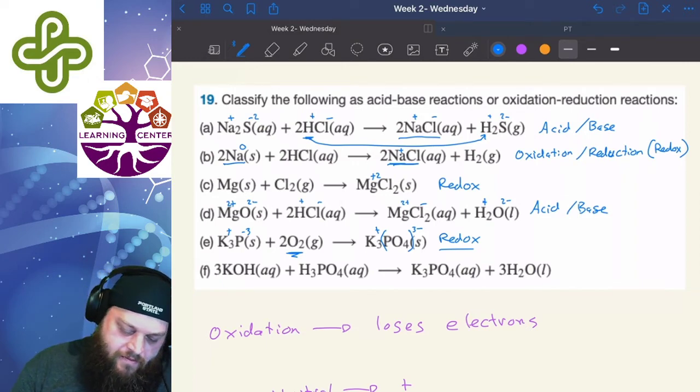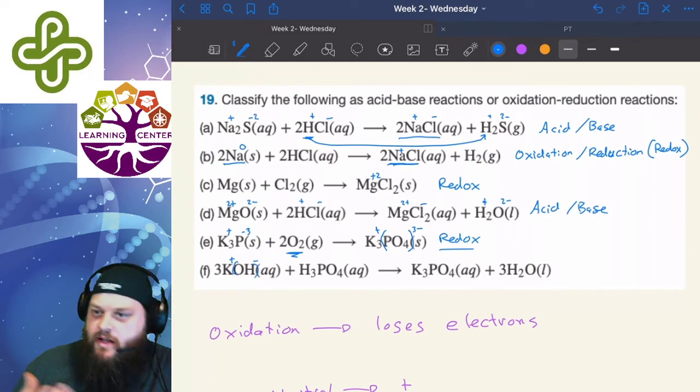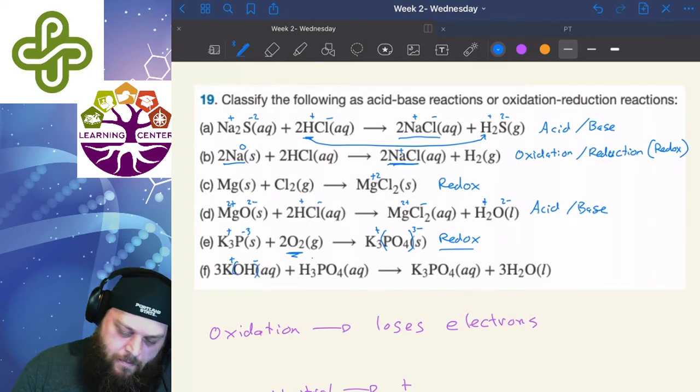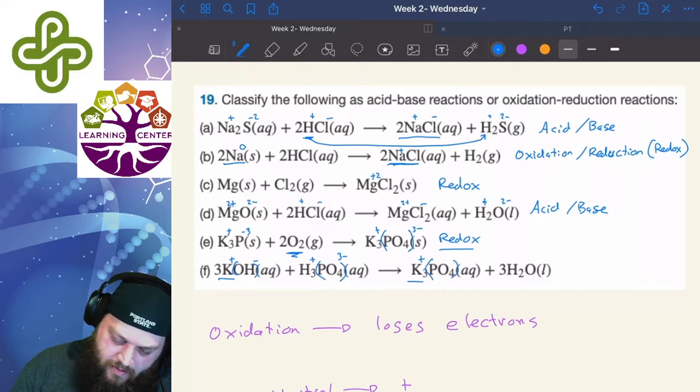For part F, the last one here, we have potassium, which is positive. Hydroxide as a whole, OH, is negative. We have hydrogen, which is positive. We have that phosphate, which is a 3 minus. Again, on the right-hand side, we have a potassium, which is positive. That matches. We have that phosphate, which is going to be a 3 minus. And that balances, it's the same charge as that.